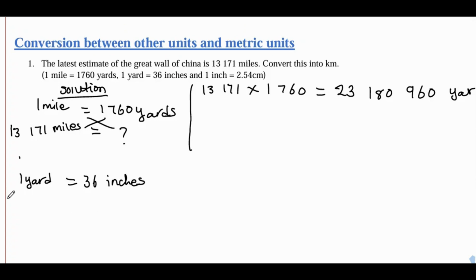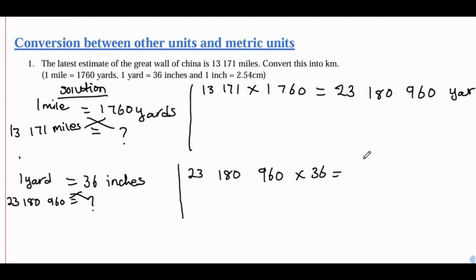What about 23,180,960? How many inches are they? So we are just required to multiply 23,180,960 multiplied by 36, which yields 834,514,560 inches.